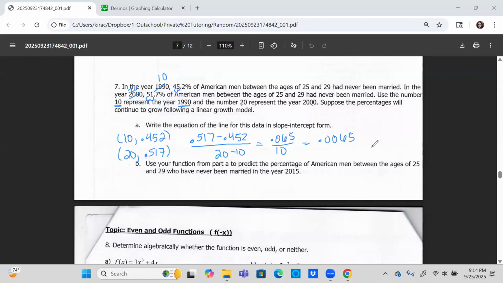And that's 0.0065. That's our slope. Okay, so now y equals mx plus b, because they said slope-intercept form. That's the slope. I'm going to use the first point. So the x is 10 and the y is 0.452. We don't know the b. So times this, that's going to be 0.065.